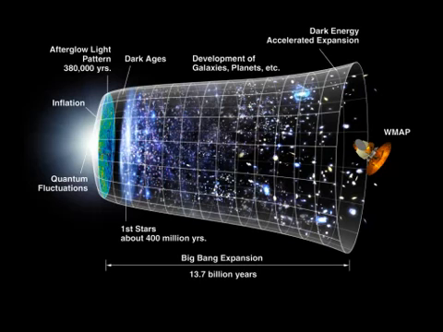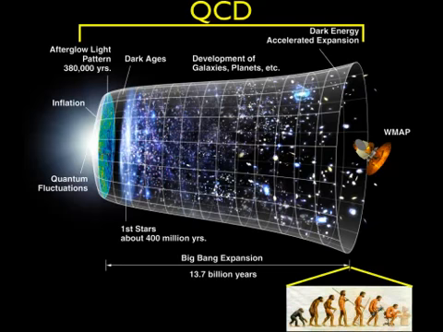It takes quite a while. There's a period called the Dark Ages, which are not the same as the Renaissance. Dark Ages happened before the Renaissance in medieval Europe. And then the universe expands slowly, and this is what we're seeing now. In the very end, it's accelerating, right? So this is time. We know the universe is basically 13.7 billion years old.